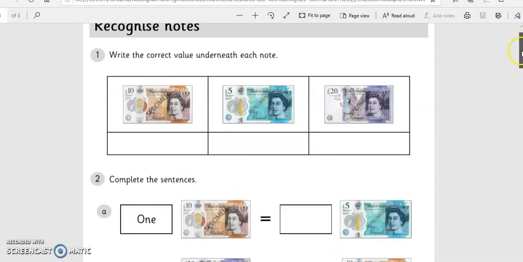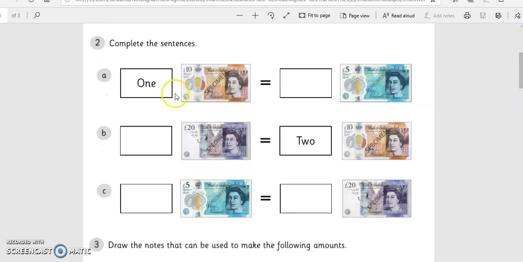Let's scroll down and have a look. Complete the sentences. So A says one of these notes, a £10 note, equals, you've got to think how many of these notes is going to make the same. We've got our balancing sign, our equal sign, so these need to be the same. One of these is the same as how many of those.